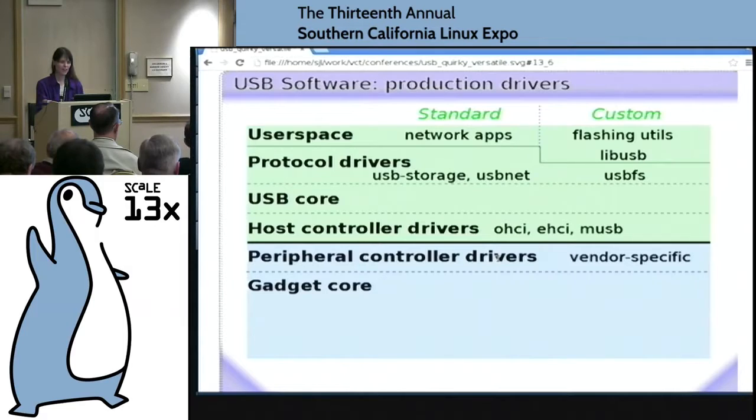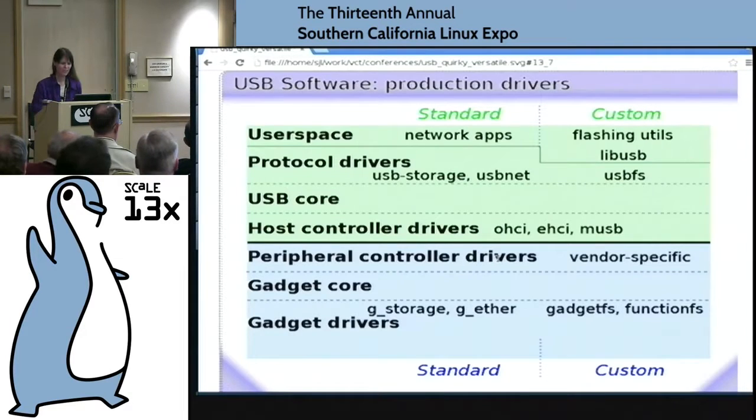If you want to hear more about it, you should probably talk to Matt Porter, who's coming up soon, because he actually wrote a userspace library to make it more convenient.